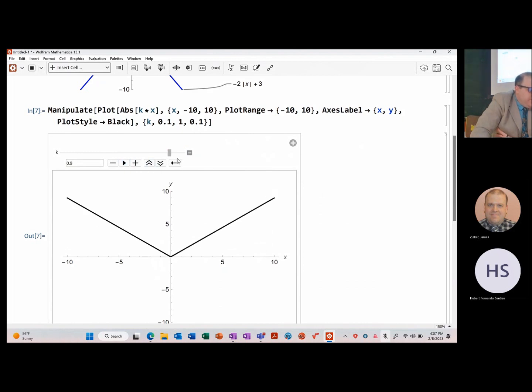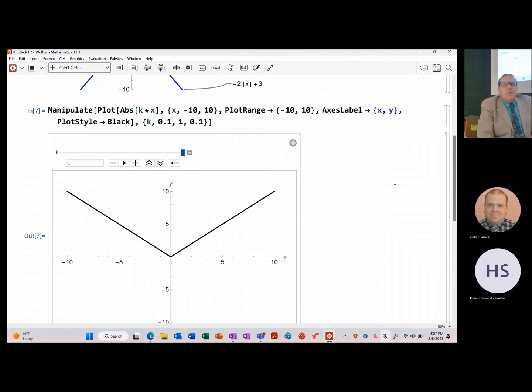Right. So we'll start at 1, right? So again, if you're dealing with horizontal, anything that deals with the input is the opposite of what you would think. So in this case, absolute value k times x, if that k is less than 1, it's a stretch horizontally, not a compression.